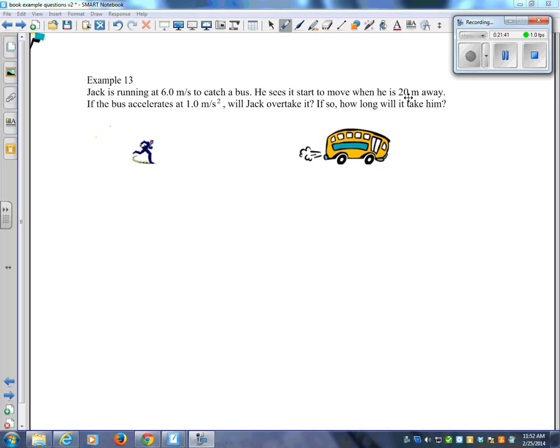30 feet. Okay, so let's set Jack's position at 0. The bus's position is plus 20. Jack's position is equal to his displacement because he starts at 0, and he is running at a constant 6 meters per second.